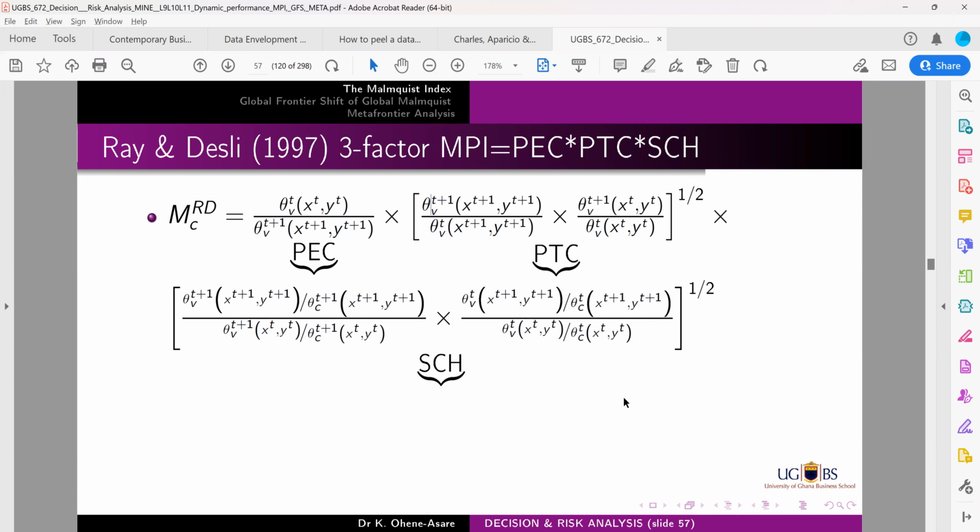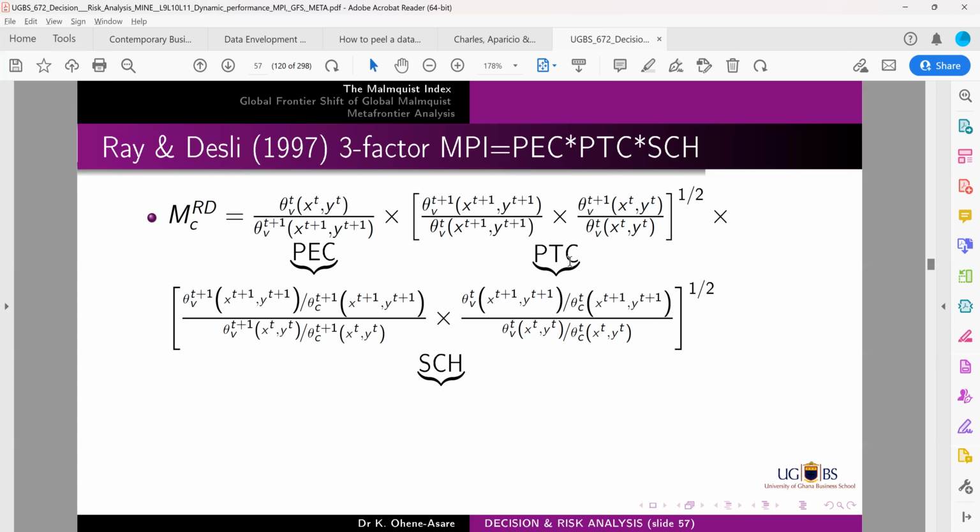So when you substitute these, again, this is not difficult because all you are doing is still taking the same numbers and substituting them into this long formula, into the PEC, the pure efficiency change, into the PTC. This time it is pure technological change, not just technological change. Why? Because it's measured relative to the VRS.